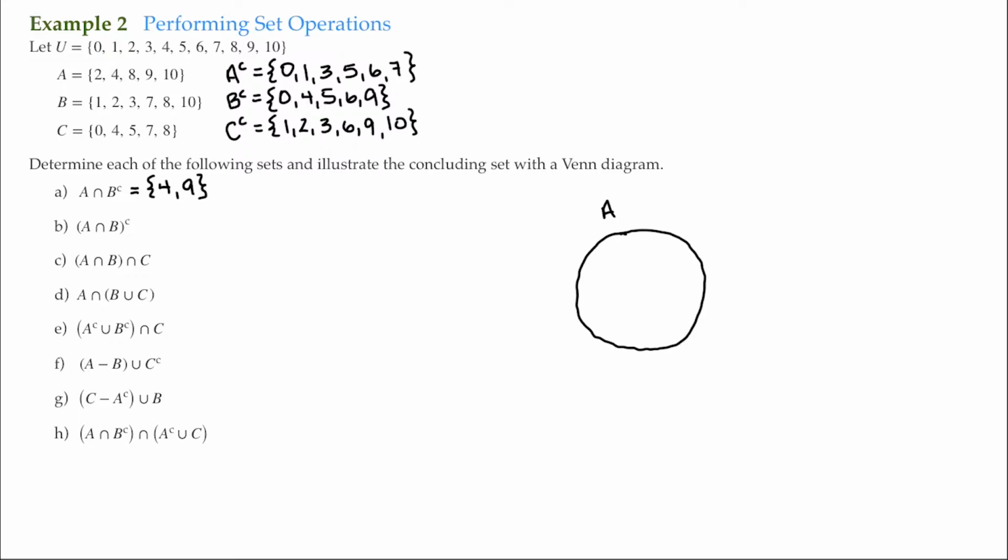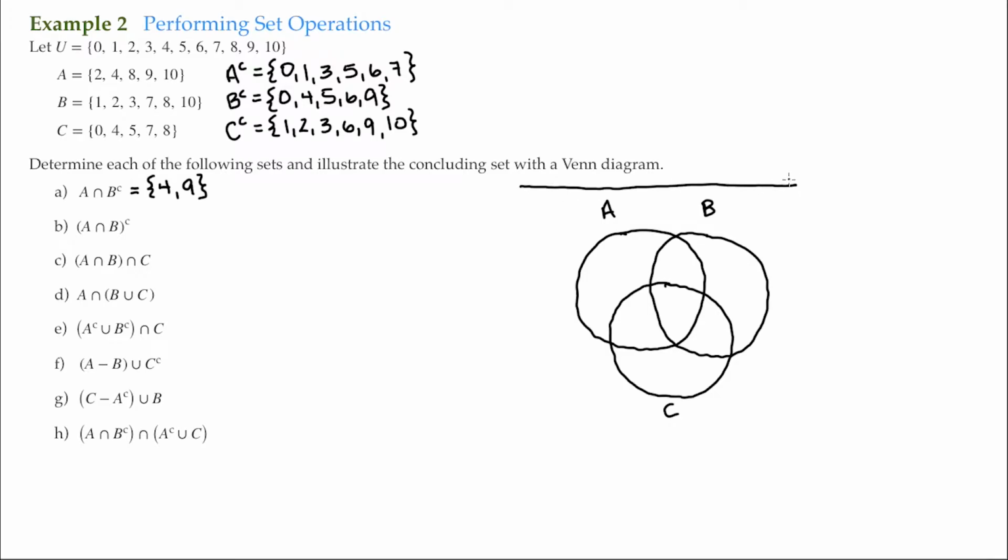Then I have to make a similar circle that represents set B, except it's going to overlap. And the reason the circles overlap is because some of the elements in set A are also in set B. And then I'll do one representing set C, and that's going to overlap A and B. And here's our set C. Now these 3 subsets sit inside the universal set, so we'll do that by making a rectangle around these sets.